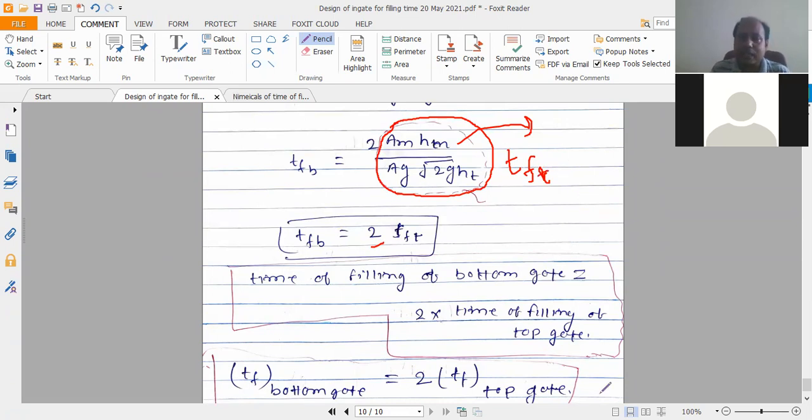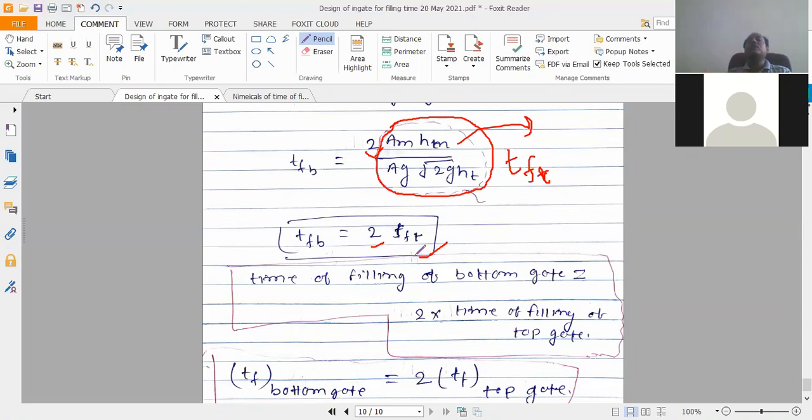Many times in competitive exams they ask: when the height of the mold is equal to the total height of the gating system, then what will be the time of filling? Then the time of filling by the bottom gate, when the height of the mold is equal to the height of the gating system, will be double. So 2 times will be required to fill if the height of the mold is equal to the height of the gating system.